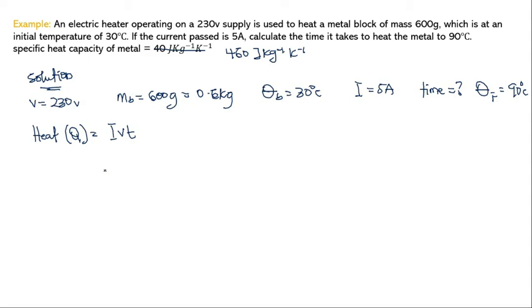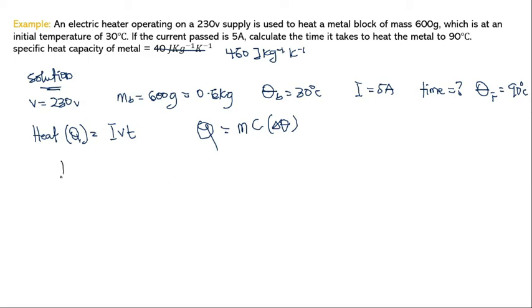So our heat energy is equal to IVT. But we also know that our heat, in this case, is the product of mass, specific heat capacity, and change in temperature. So we can equate these two equations.